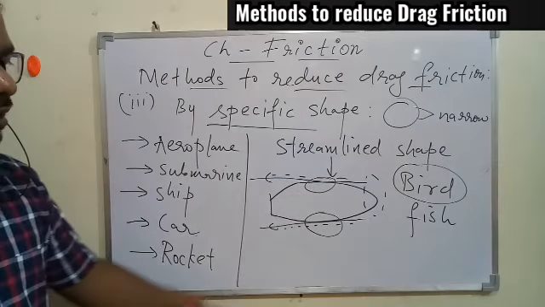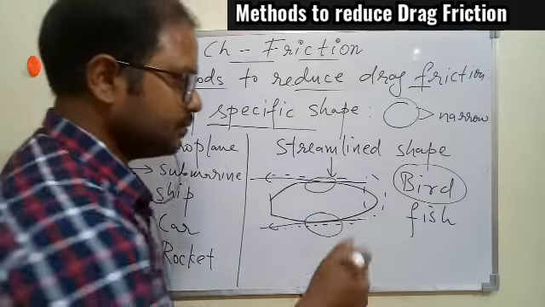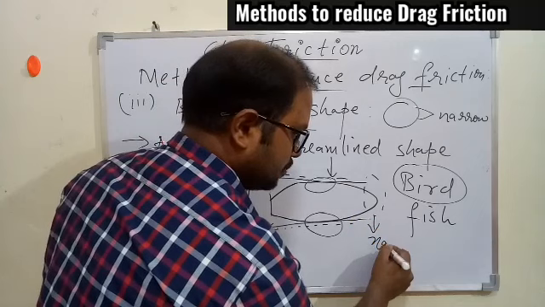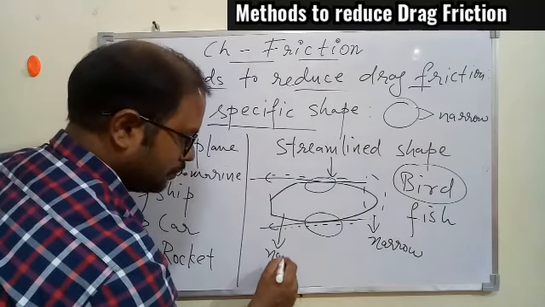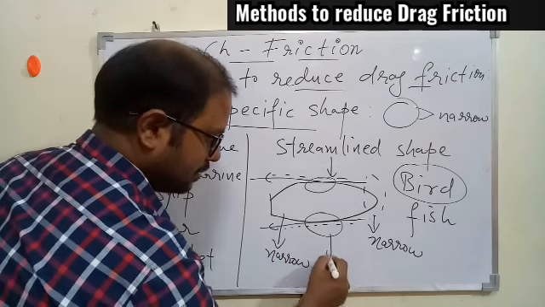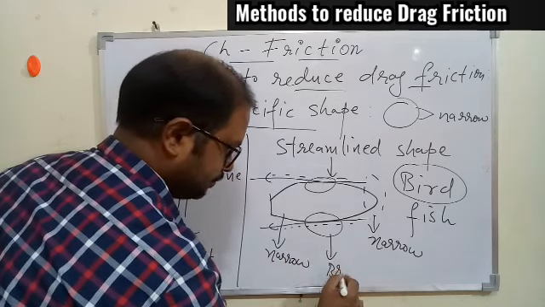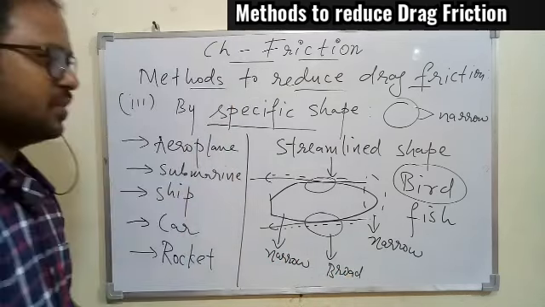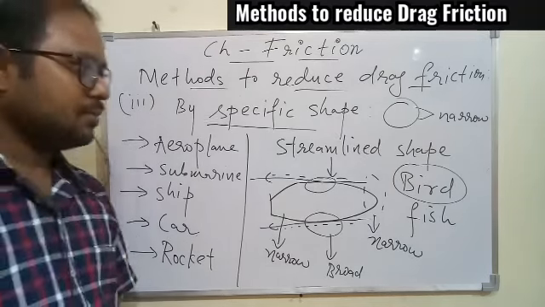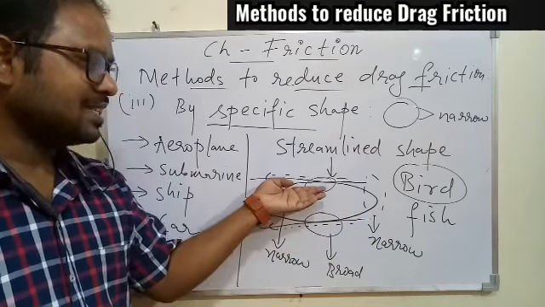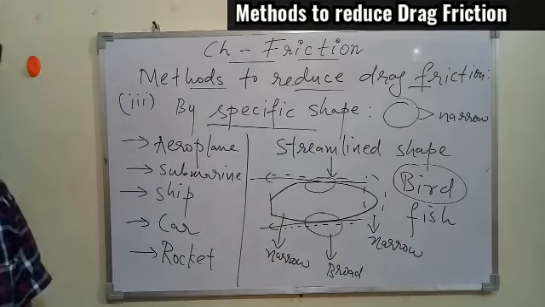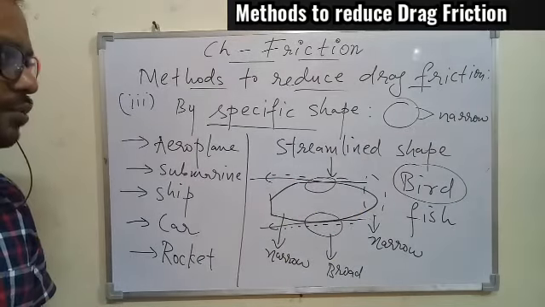There you can see here the front portion is quite narrow, that I am writing here, that is front portion is narrow, back portion is also narrow, center portion is somewhere broad. By having this kind of shape, we are able to overcome the pressure drag, we are able to overcome skin drag, and finally we are able to overcome the friction drag.